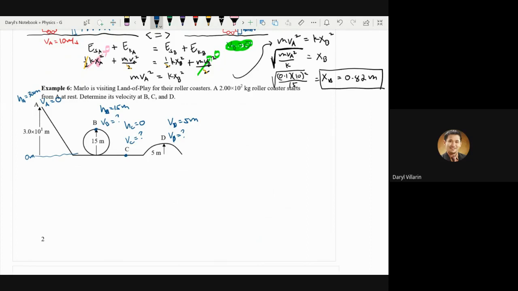Again, I would assume that there's no friction in this particular case. So at any point, the total energy would be the same.